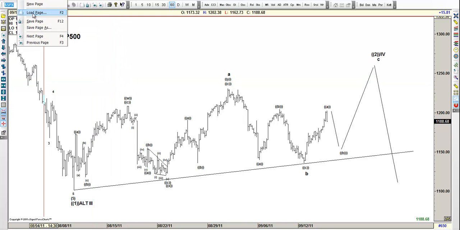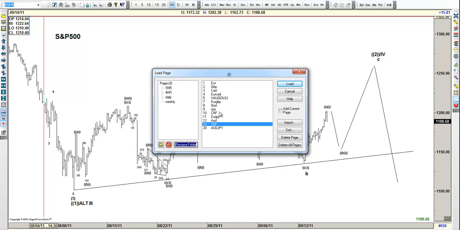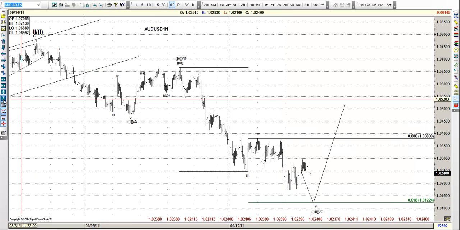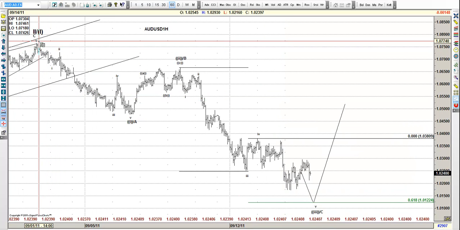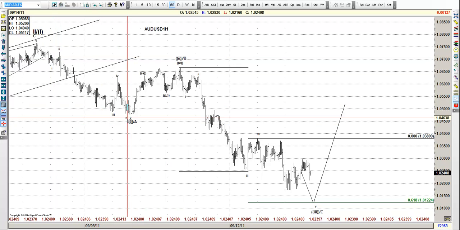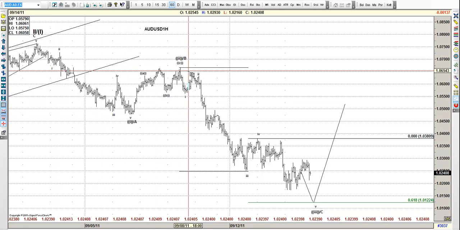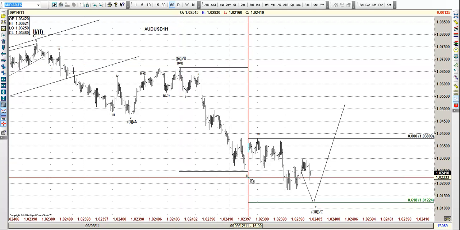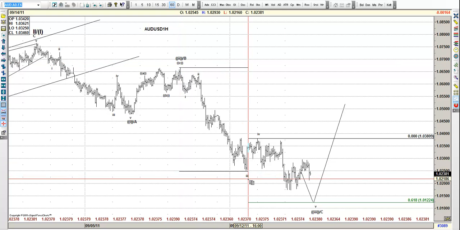Now let's take a look at the Aussie dollar, another Aussie group pair with a well-defined structure. This pair looks like it also did 1, 2, 3, 4, 5. This is A, B, C, and B, and then it looks like it did, we can call it, two waves.